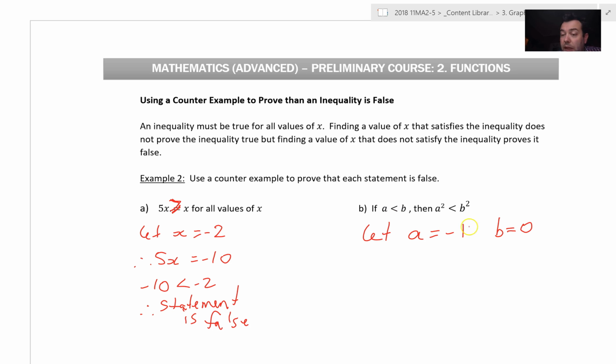Is a less than b? Yes, it is, right? So if a is less than b, well, it should be that a squared is less than b squared. For a squared equals positive 1. B squared equals 0. A squared is greater than b squared. Therefore, the statement is false.